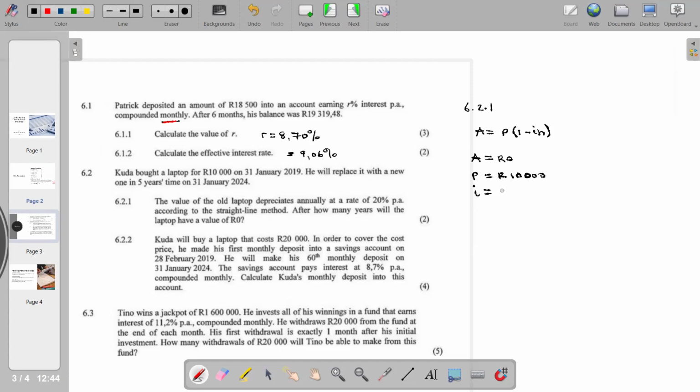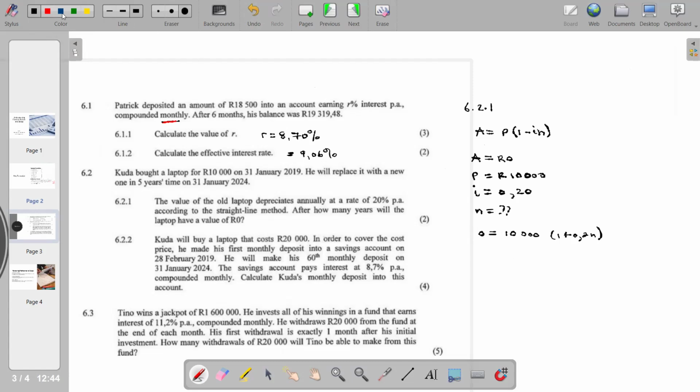If you divide that by 100, it becomes 0.2. Then our n is what the question requires you to calculate, which is the number of years for the laptop. So using that, we can say A is 0, equal to 10,000, sorry, 10,000, not 18, then 1 plus i, which is 0.2, and like that.